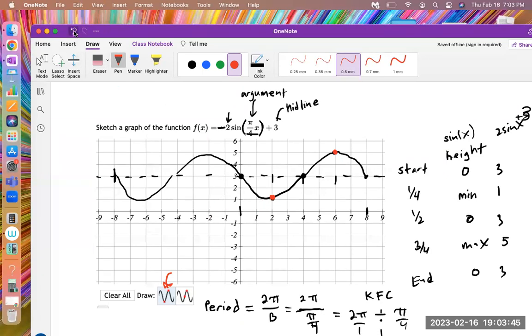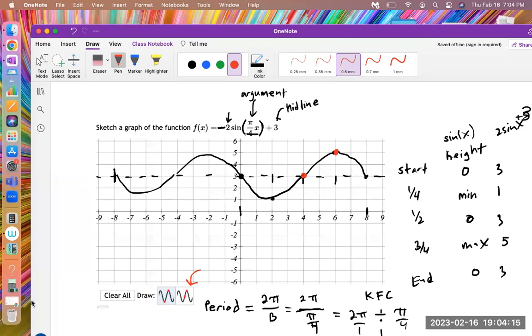The other option is this value, a quarter of the way, which is between any 0 and the next max or min. So you could give it this value and this value.